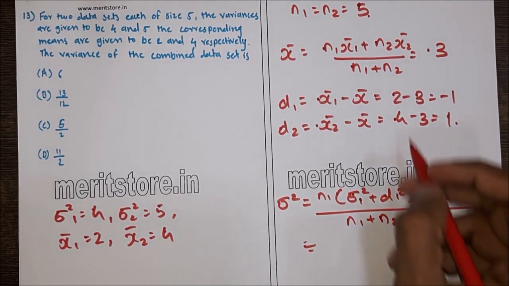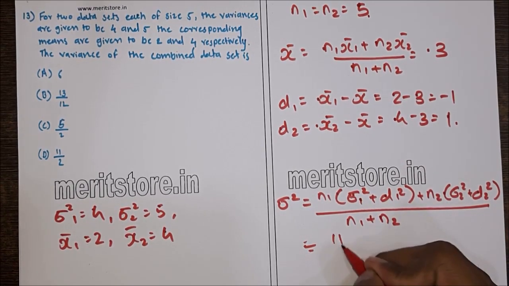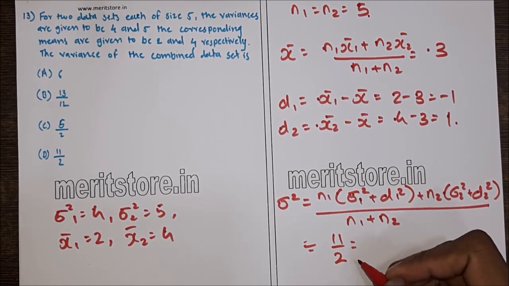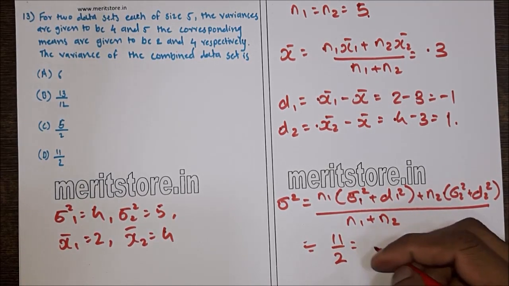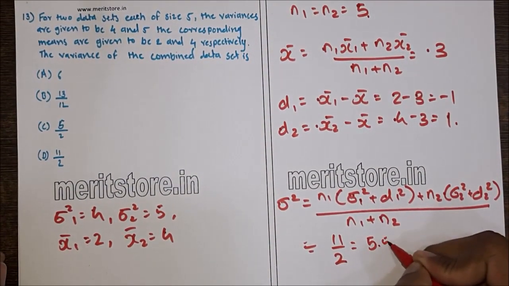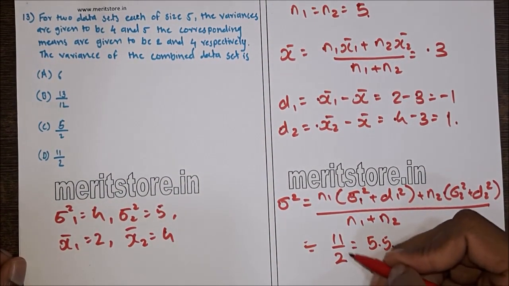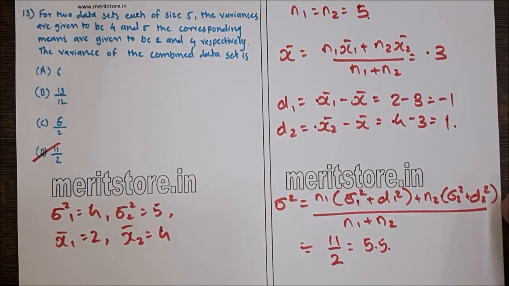We substitute all the values in this formula, we get 11 by 2, which is 5.5, and we can see that 11 by 2 matches with our option D. Therefore, option D is the correct answer.